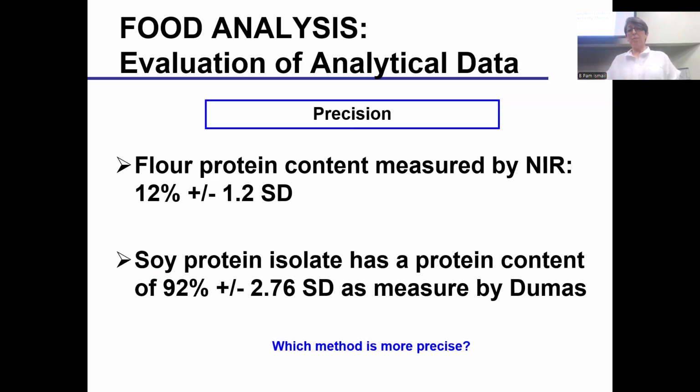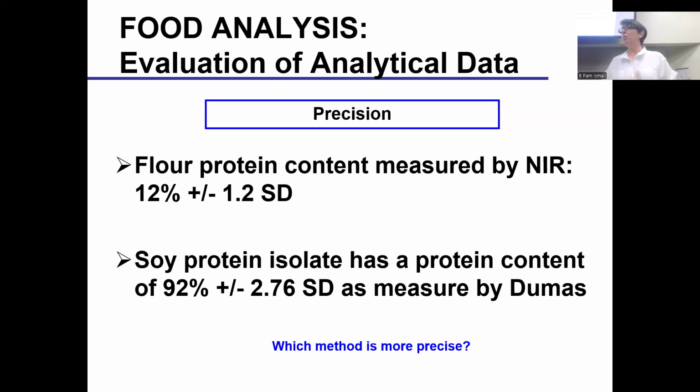The flour sample has 12% protein with a 1.2 standard deviation, and you tested that by NIR. The soy protein ingredient had 92% protein and a standard deviation of 2.76.